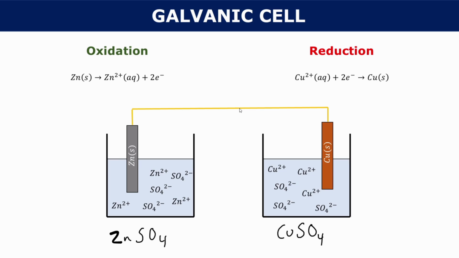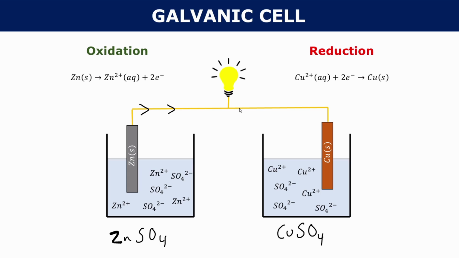And remember, throughout this whole process, there is electrons flowing through this line. So if you were to set up a light bulb there, the light bulb would actually turn on. Electricity is just a flow of electrons, and light bulbs need electricity. So this is the main bit of the galvanic cell.